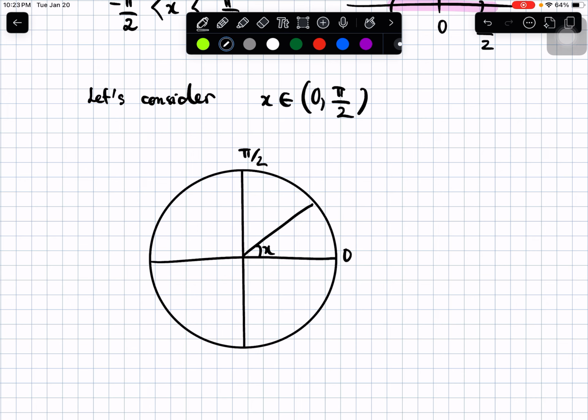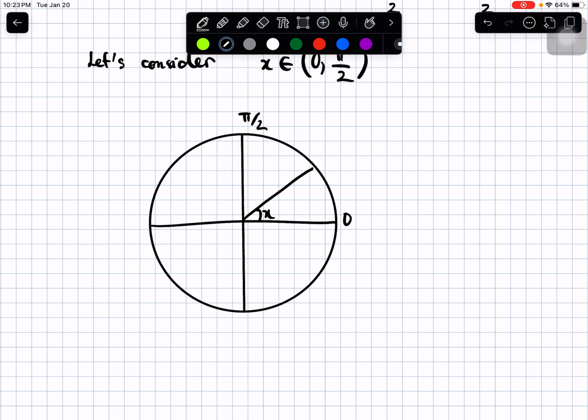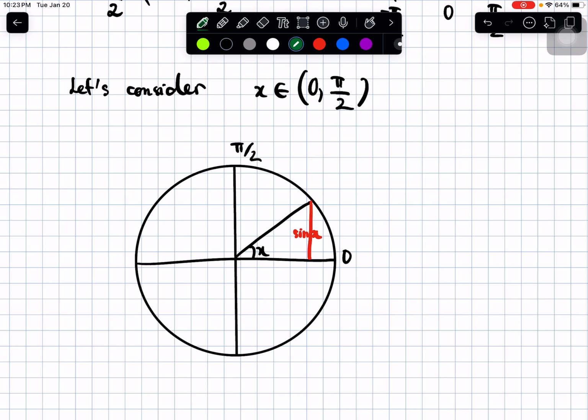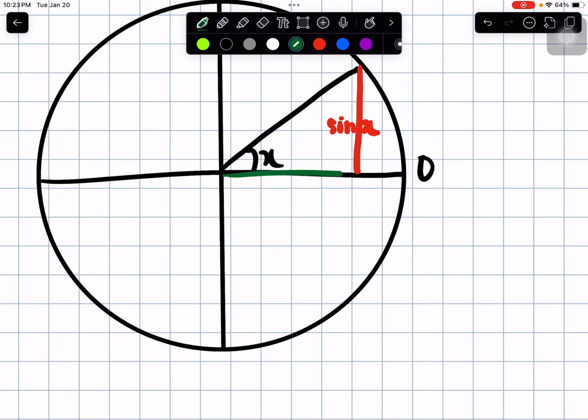We see that sine of x is the length of the red segment. Cosine of x is the length of the green one.